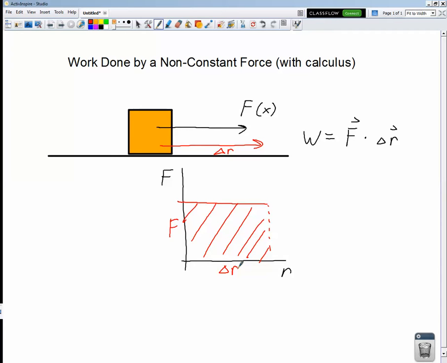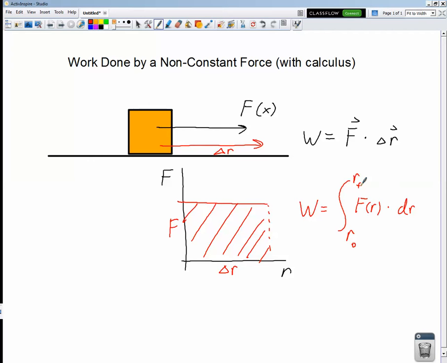So rewriting our equation here then, the work done by a non-constant force would equal the integral of that force, and it's going to depend on r, and we are going to integrate that over some infinitely small chunk of r, dr. And we'd be integrating with our limits from the initial r value, the initial position, to the final position.